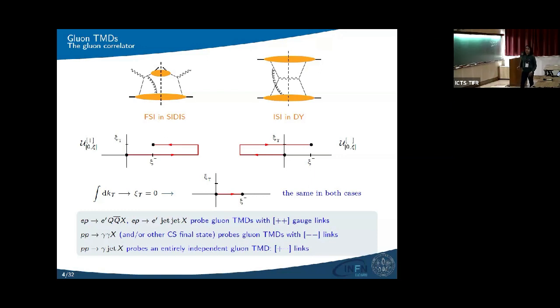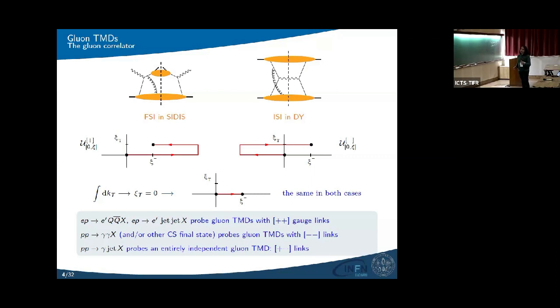Fortunately, these two can be related to each other, so there is not a multiplication of TMDs. There are some relations I will show. There are also cases, for example, if I look at production of a photon and a jet in proton-proton inelastic collision, then I can access a TMD which has a future pointing gauge link and a past pointing gauge link.